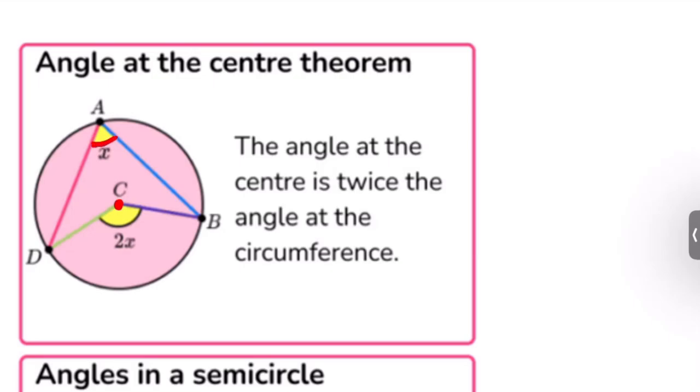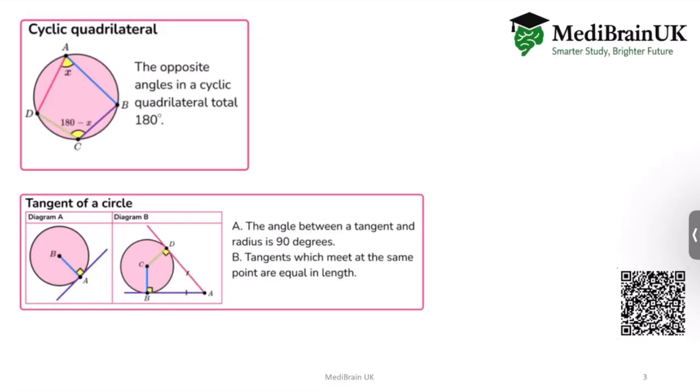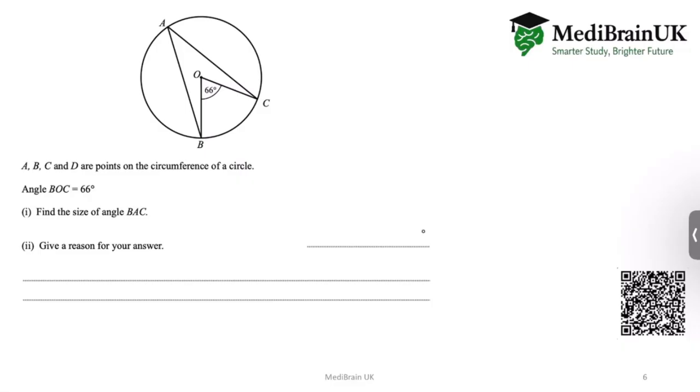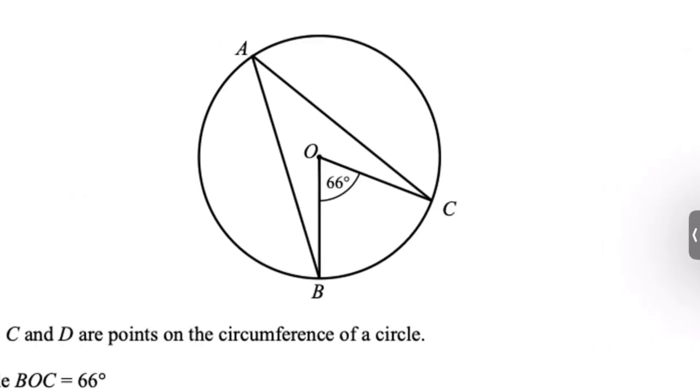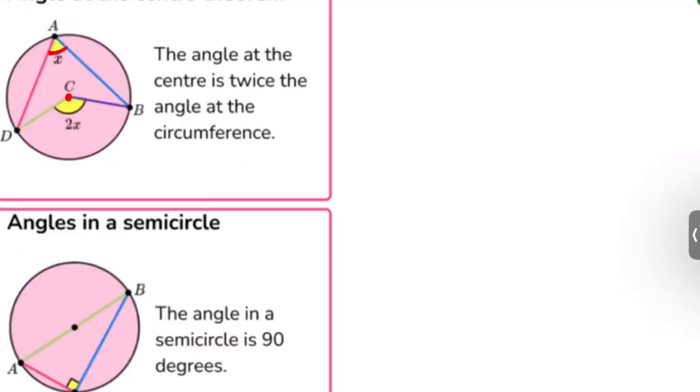Whenever you see a shape like this appearing within a circle, you know that the angle they've given you at the center will be double the angle that is at the circumference. That's the first rule that you need to be aware of.